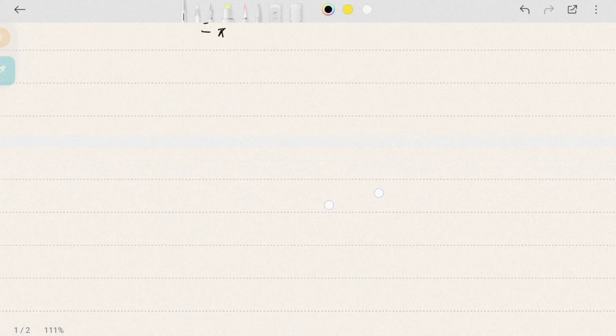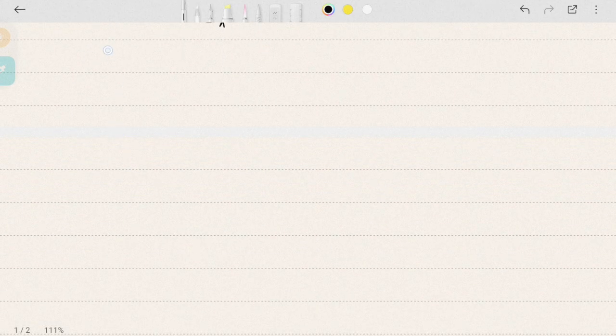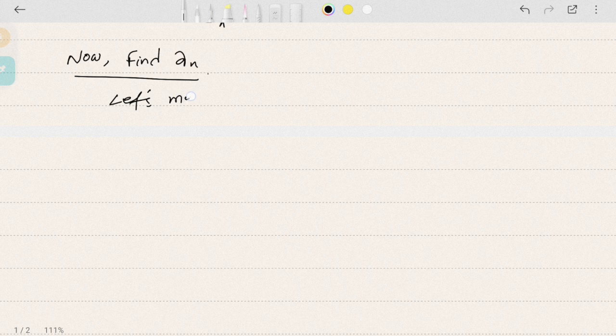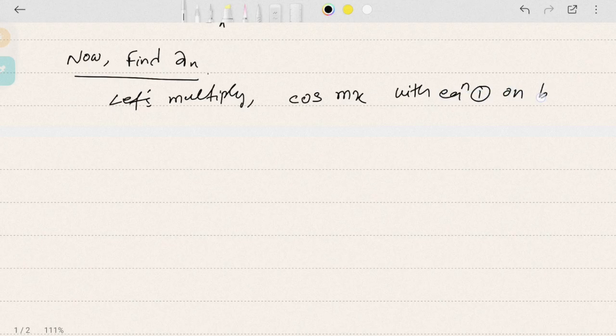Now let's find a_n. To find it, let's first multiply cos mx with equation 1 on both sides.